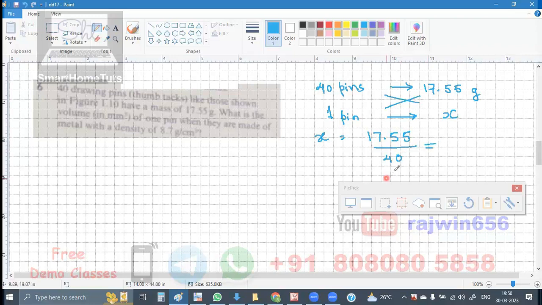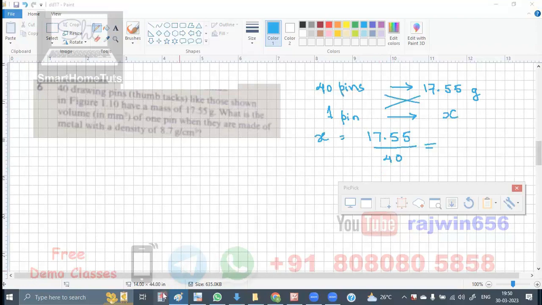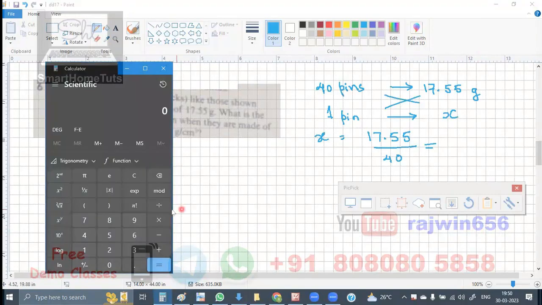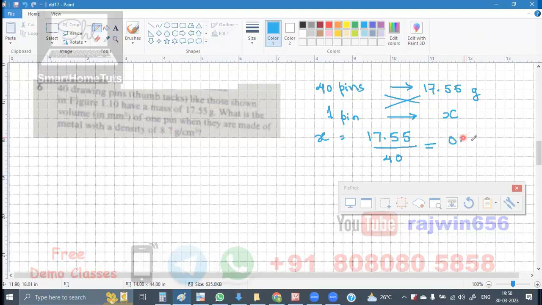This is going to be the mass of one pin. 0.44. This is the mass of one pin.